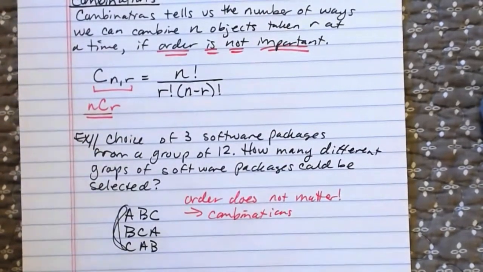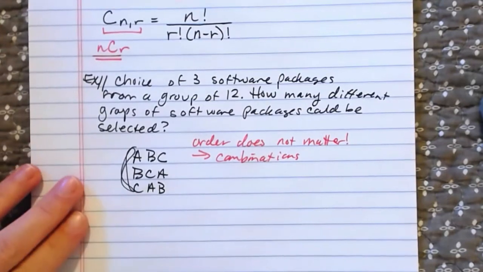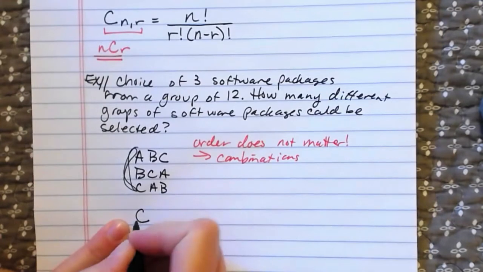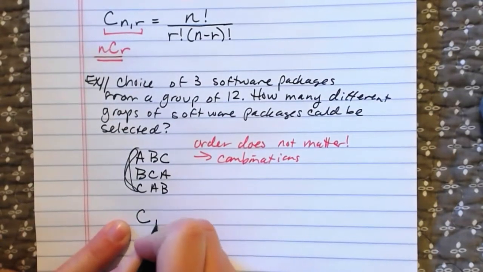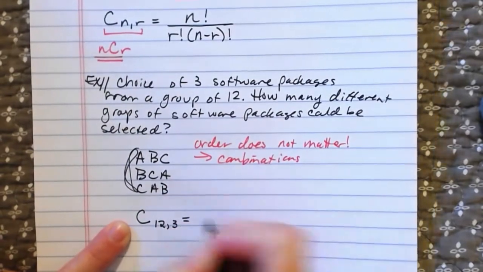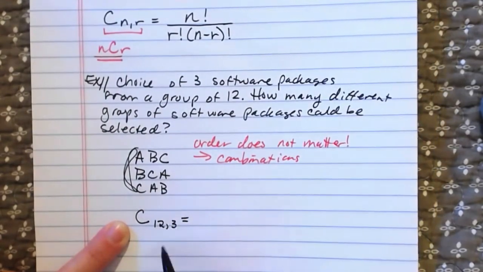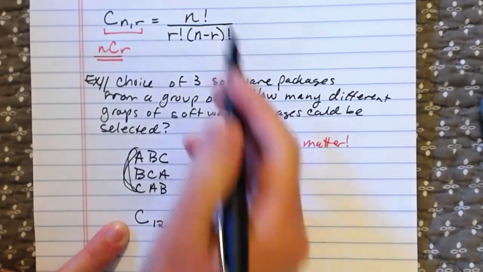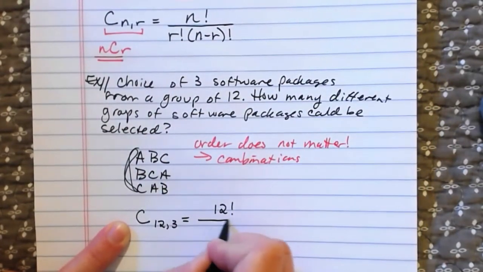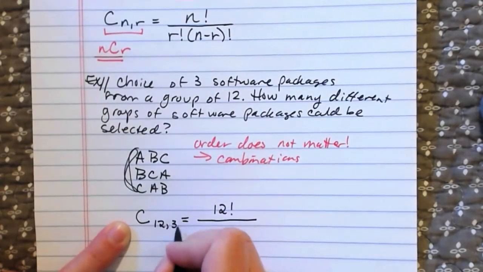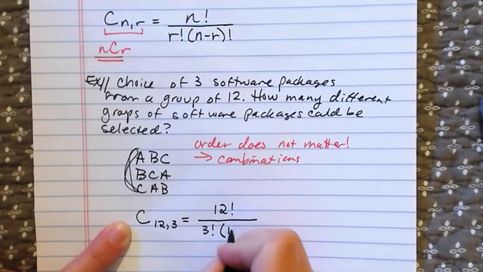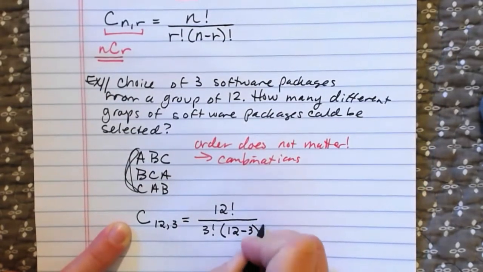And so again, now we're going to use our formula and our factorial. So we're doing C, capital C for combinations. We have a group of 12 to choose from, and out of that 12 I am choosing 3. So that's my n and my r. According to our formula, that means I take n factorial, so 12 factorial, divided by r factorial, so 3 factorial, times 12 minus 3 factorial.